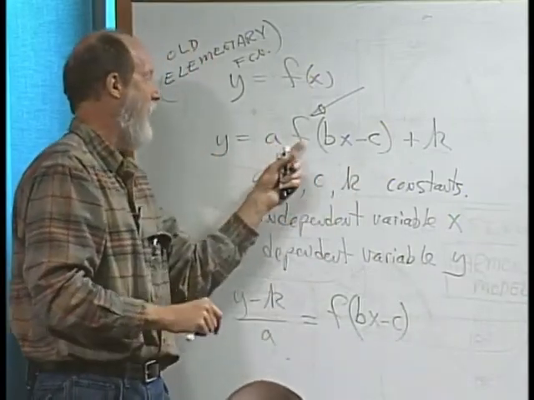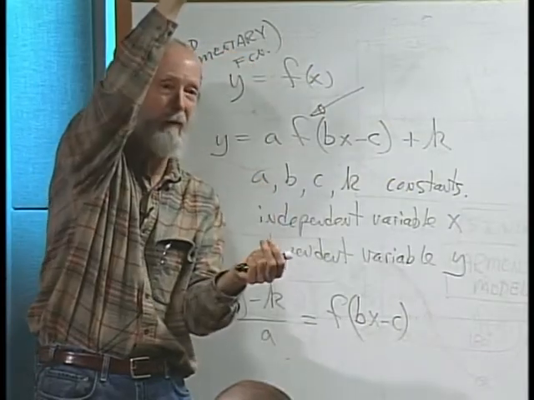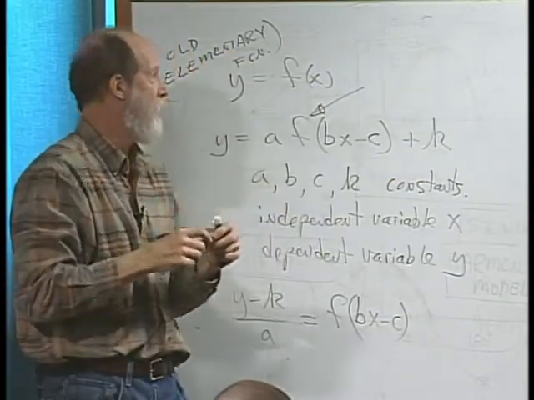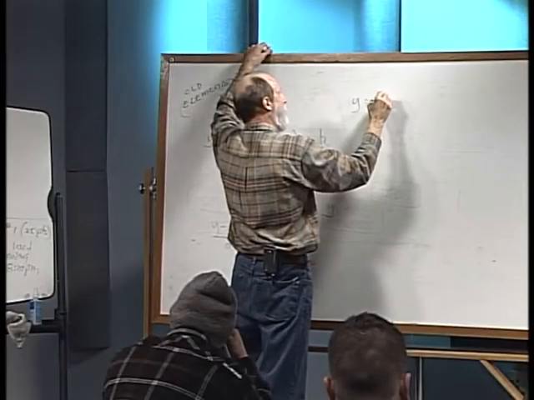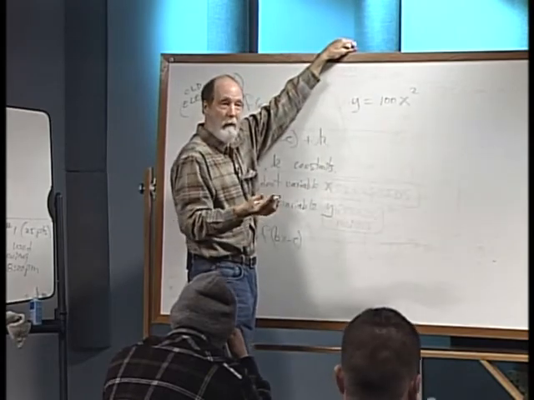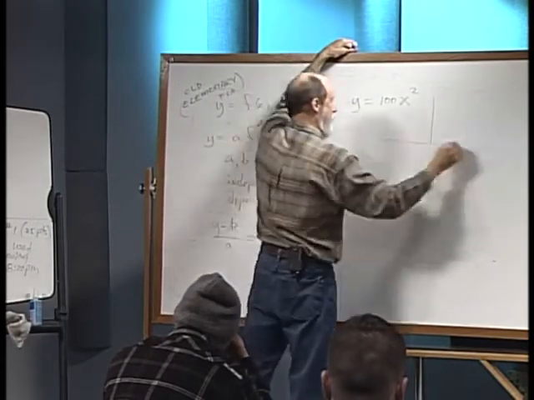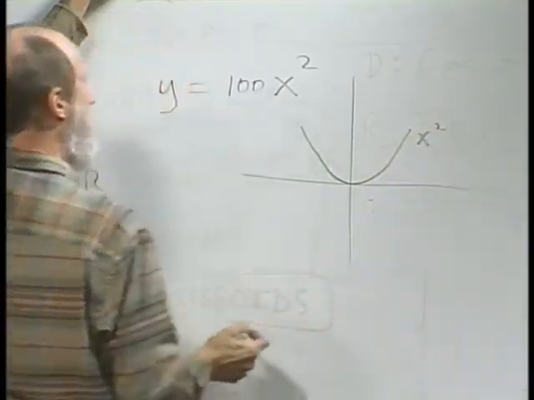You are multiplying the output. On a graph, the outputs are the y readings. You're multiplying those by some value. Now, you folks are experts at something like this. You've got that fundamental graph in your head, x squared.